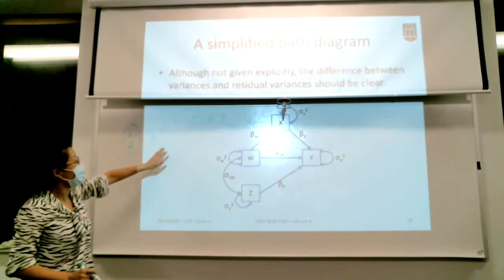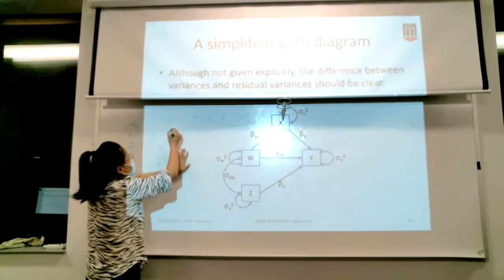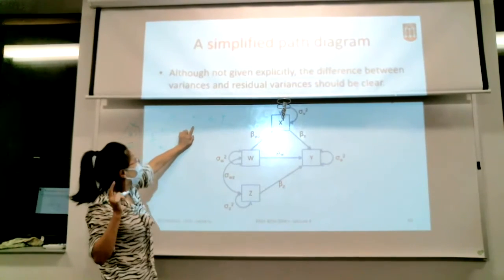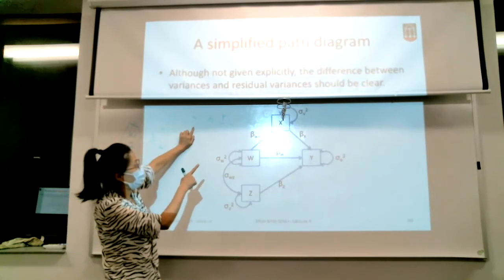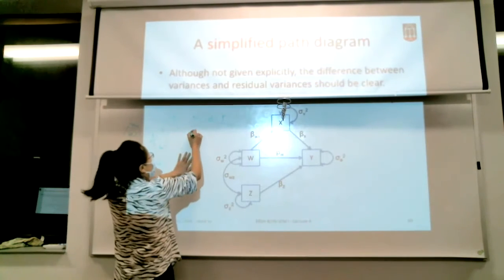Single-headed arrow from x to x? Is there any single-headed arrow? No. From w to x? Yes. What is the coefficient? Beta wx.